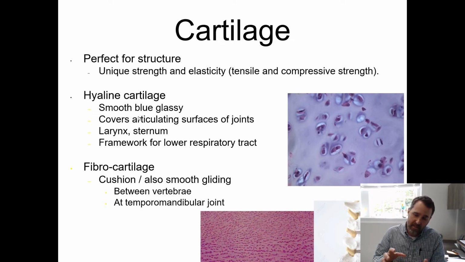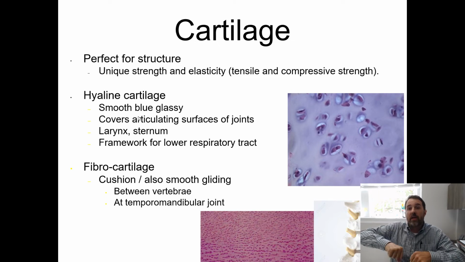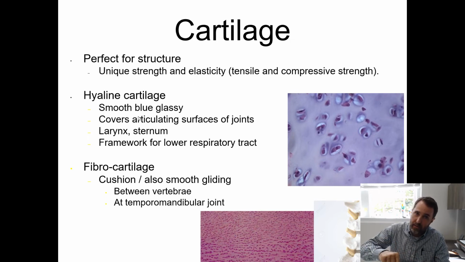What that means is if I have a piece of cartilage, I can pull it, and when I let go, it'll return to its original shape. I can squish it, and when I let go, it will return to its original shape. I can't do that with bone. If I try to bend bone to a certain point, it'll go, but then it'll break, and it's not going to return.